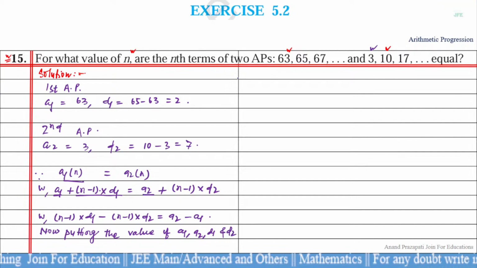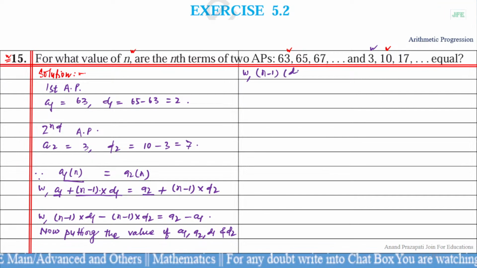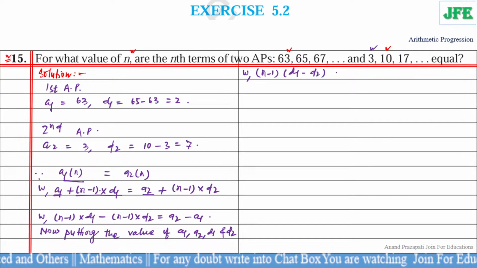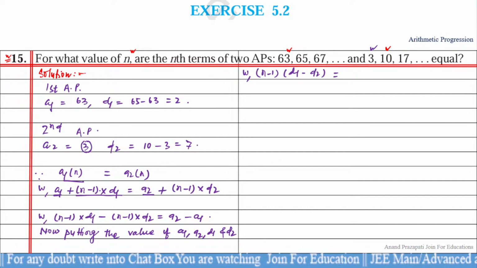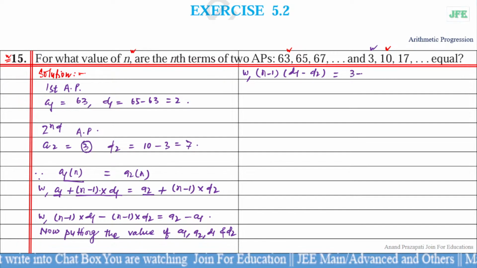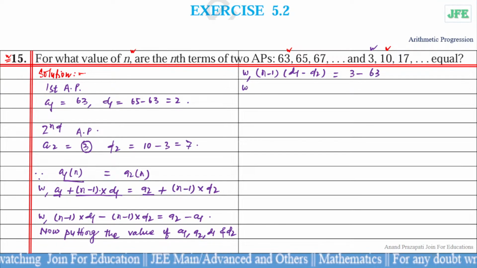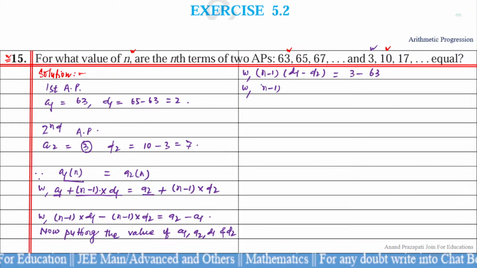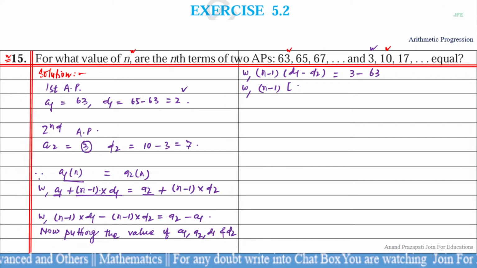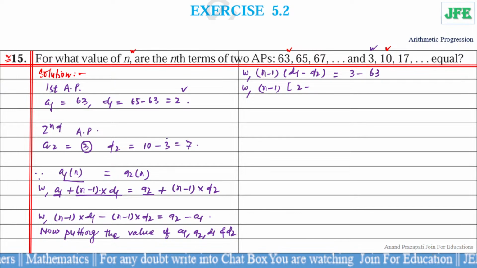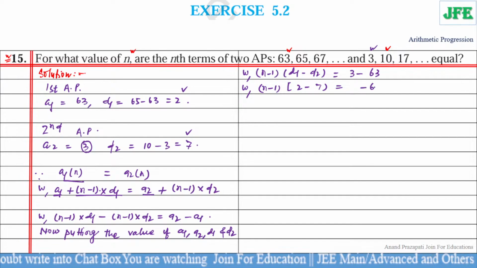We write (n minus 1) into (d1 minus d2) equals the value of a2, which is 3, minus the value of a1, which is 63. So (n minus 1) into (2 minus 7) equals minus 60.